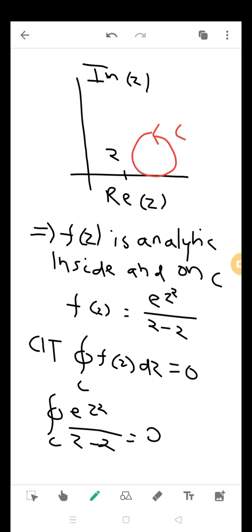Now the next thing is the derivative of a function.